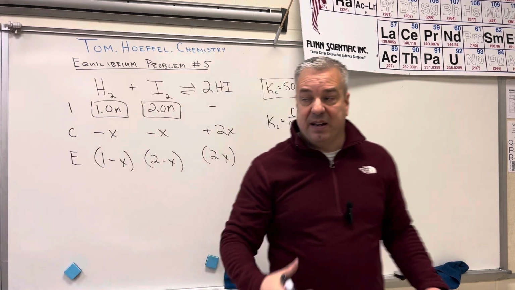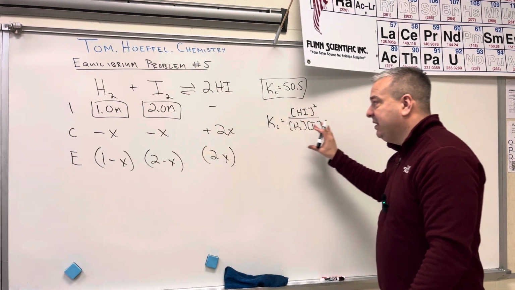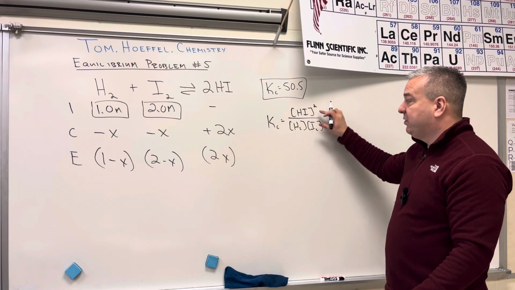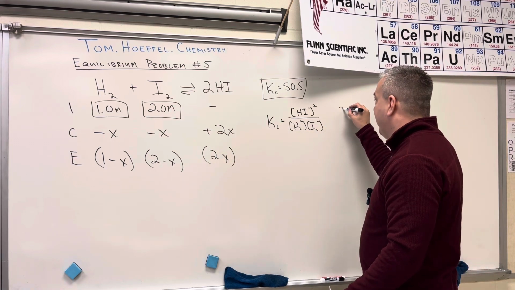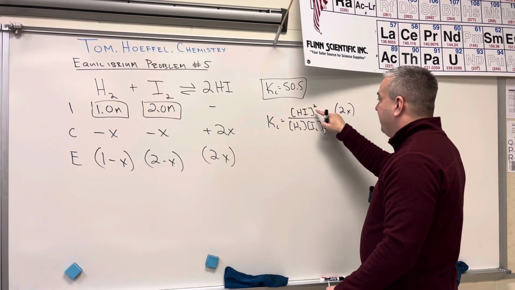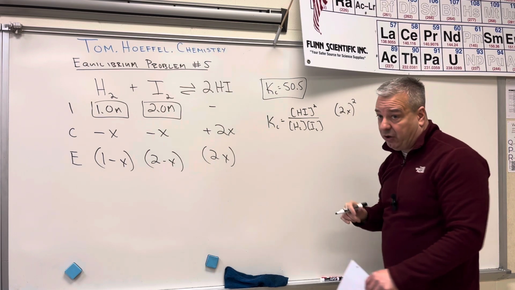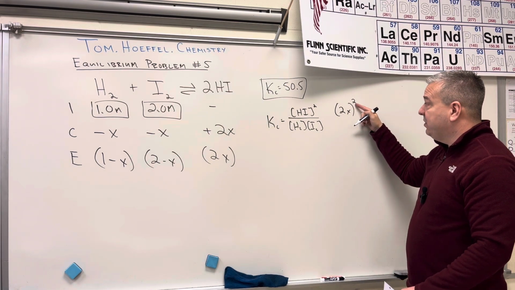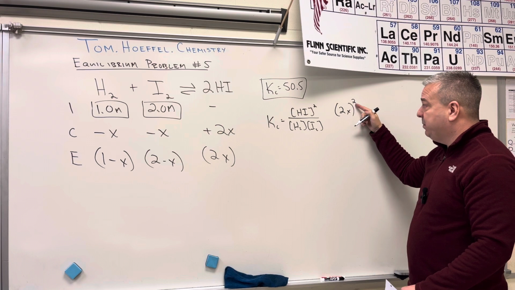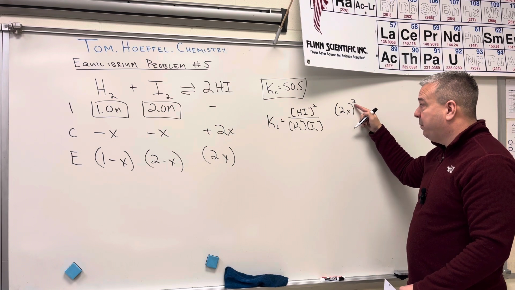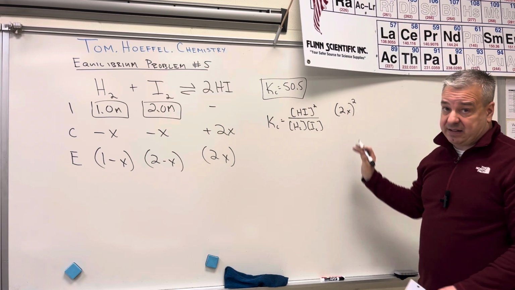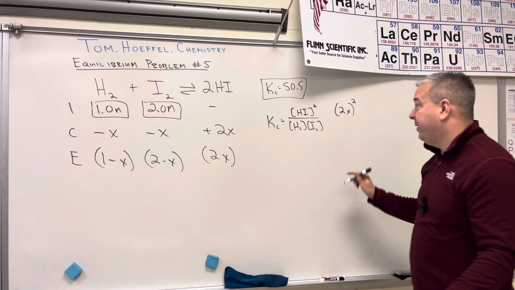And what we're going to do is plug that information into the equilibrium expression. So the numerator is going to be 2x, and remember, it's squared, the whole term. One of the things that students do is they only square the x, but this exponent of 2 counts for both of them. So eventually that's going to become equal to 4x squared.